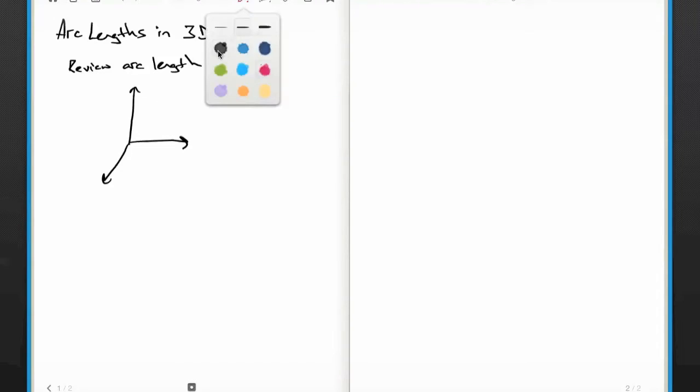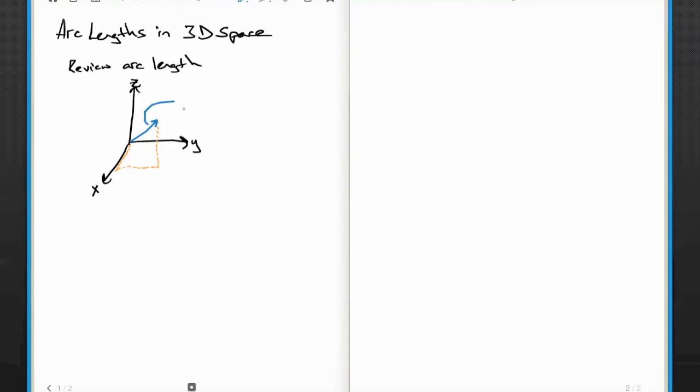Well, let's make this X, Y, and Z. And so if I draw this path, I'm going to go a certain direction in the X, and then a certain direction in the Y, and then a certain direction in the Z. And then so I've got now some vector, a shortcut, a straight line in which I'm interested in the length.